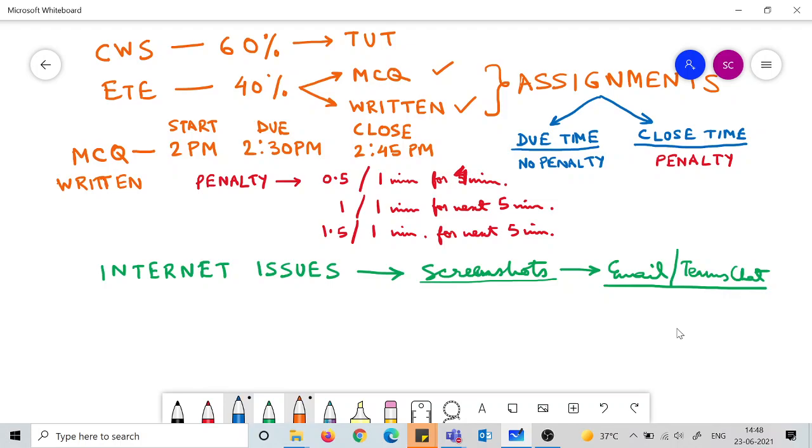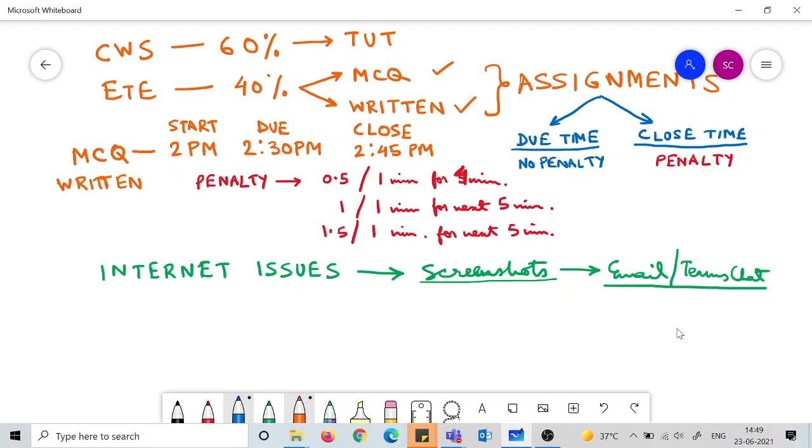But keep in mind that every minute you go beyond the due time, you are accruing penalty. In the same manner, this penalty will be 0.5 for every 1 minute.